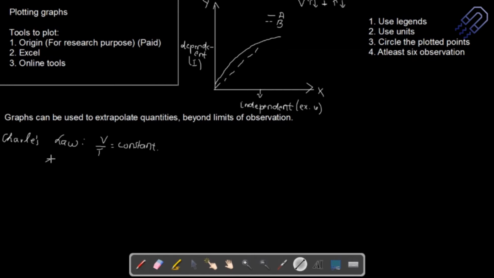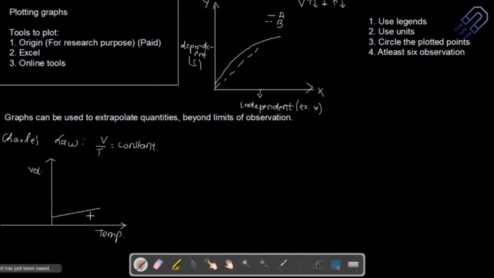We take this graph, and then I'll extend this part, and you will probably get something like this. Since the volume depends on temperature, I take temperature on this axis and volume on this axis. So you have a volume versus temperature graph.